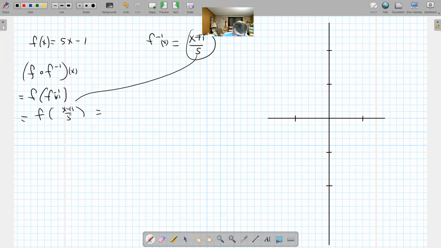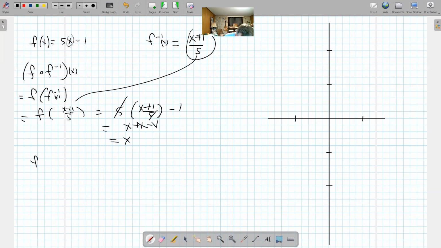So we're going to put x plus 1 over 5 in the place of x here. So it's 5 times the quantity x plus 1 over 5 minus 1. Simplifying, the 5s reduce out, giving us x plus 1 minus 1. The plus 1 and the minus 1 reduce out, and we get x. So composing them in that direction, so far so good.